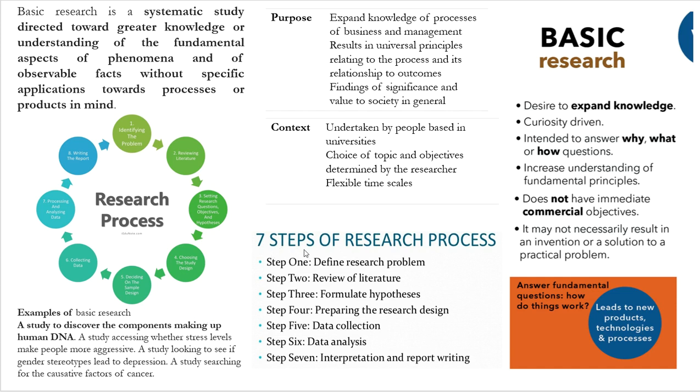You must follow the research process. That means identify the problem, review the literature survey, set research questions and objectives, like this up to writing a final report. Those are step 1 to step 7.